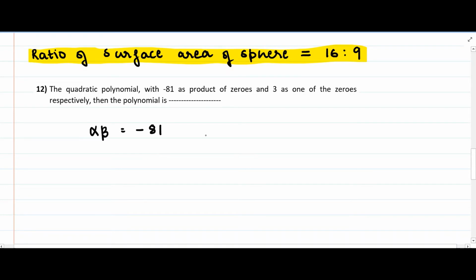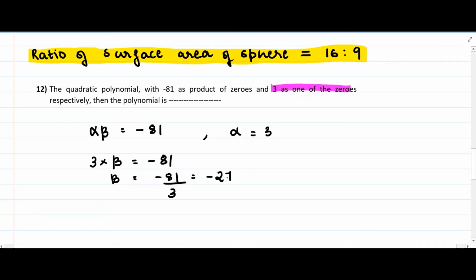So we'll take alpha equal to 3. Okay, substituting the value of 3, we get beta as minus 81 by 3, which is minus 27.